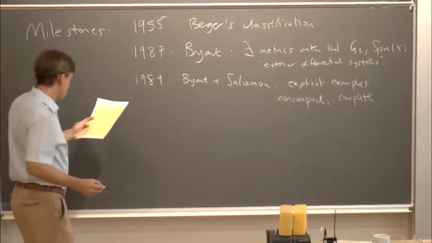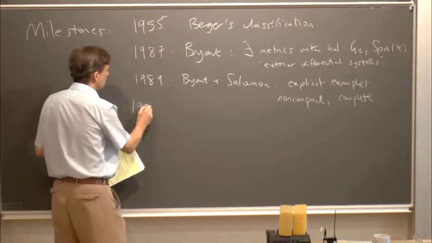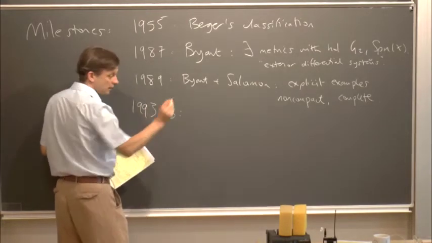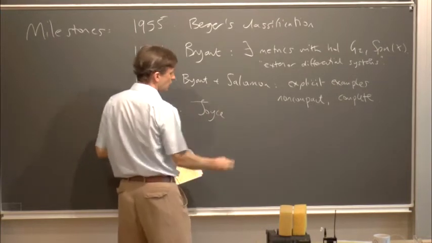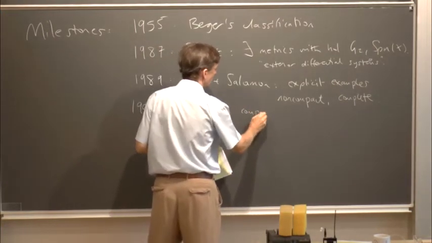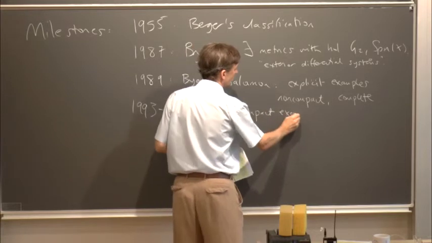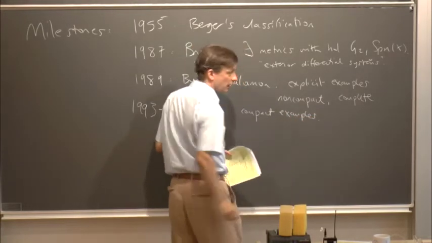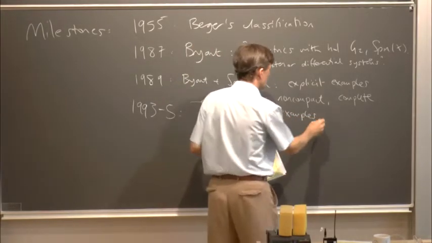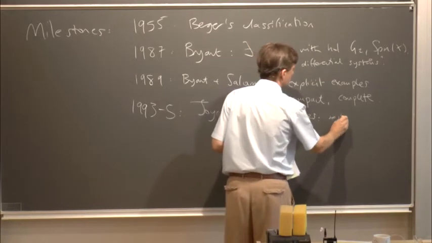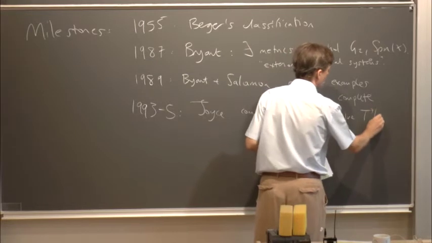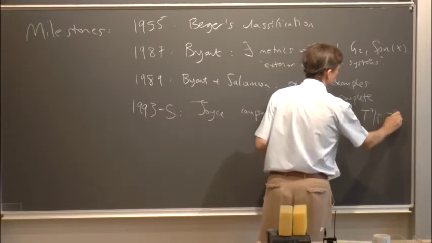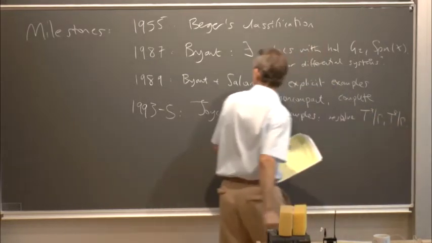Okay, in 1993-95, I found the first compact examples, by resolving torus orbifolds T^7/Γ and T^8/Γ.